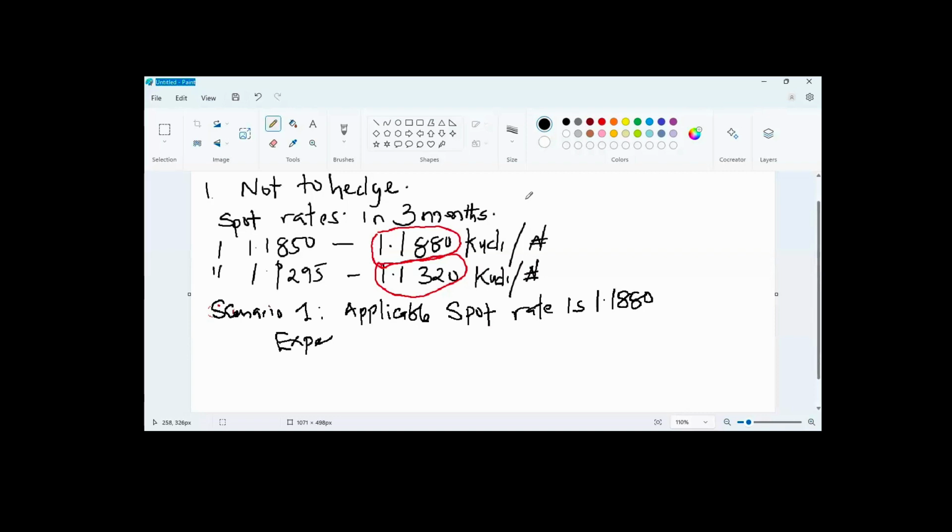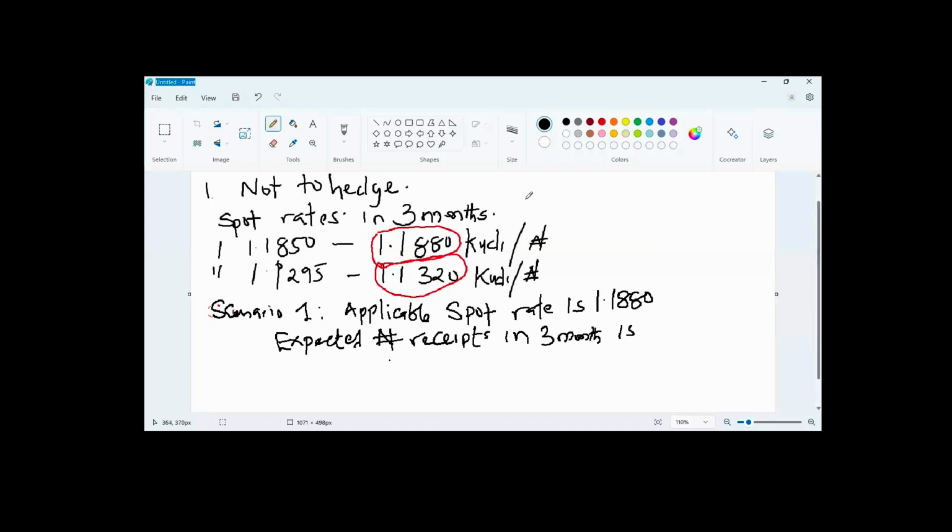Expected Naira receipts in 3 months' time. In 3 months is now.